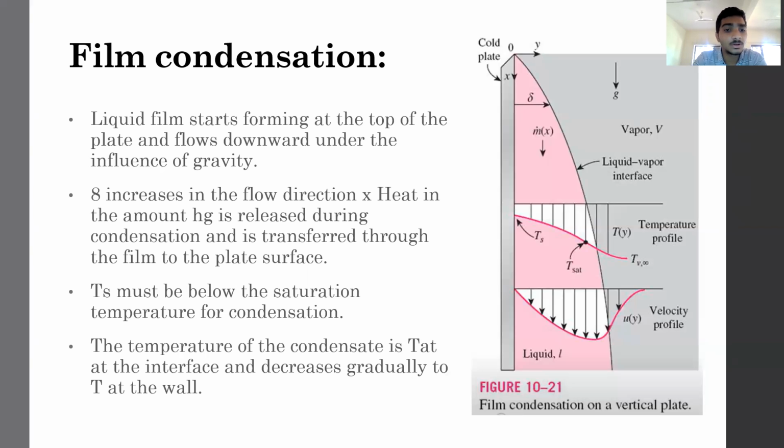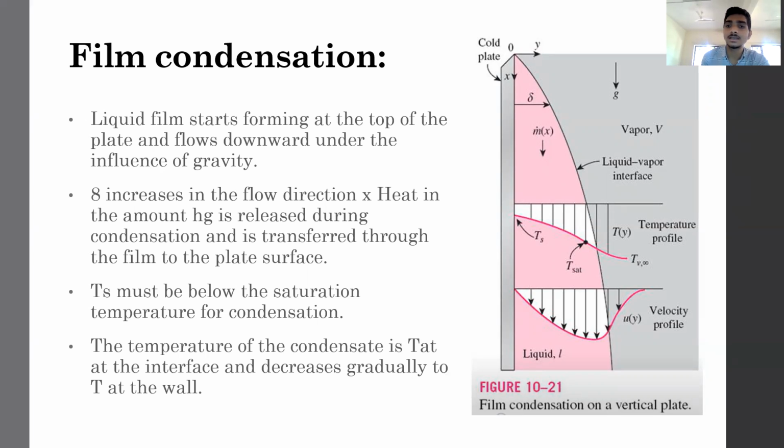Heat in the amount h_fg is released during the condensation and is transferred through the film to the plate surface. Ts, the temperature of the surroundings, must be below the saturation temperature of the condensate. The temperature of the condensate is T_sat at the interface and decreases gradually to T_w at the wall.